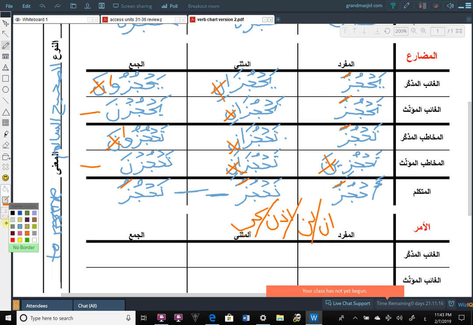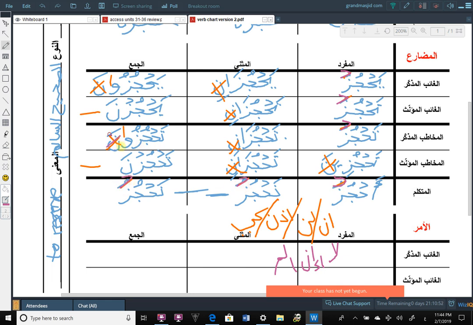If they become majzoom, and that is when you put the la of nahiya, the la of a prohibition, or in, right, which is a condition, or lam in front of them, then they become majzoom, which means our dhamma or our fatha is going to be a sukoon. Right? It's going to be a sukoon.